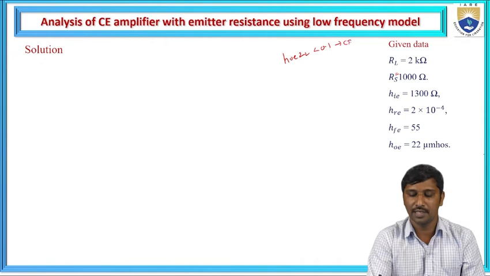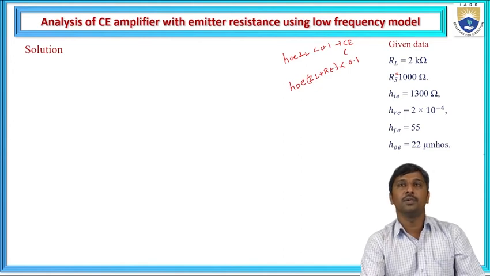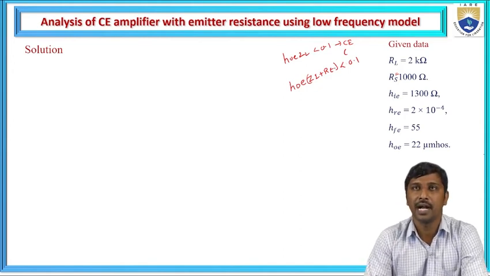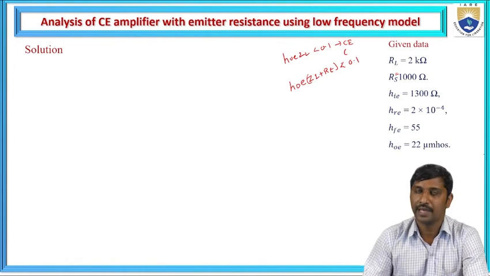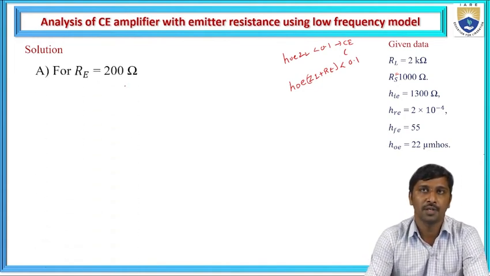This is for the CE amplifier without emitter resistance, meaning the emitter is directly connected to ground potential. But if we consider the common emitter amplifier with emitter resistance, we need to verify that HOE times ZL along with the emitter resistance value is less than 0.1. Then we go for the approximate analysis. Hence, for the first case, let us consider the RE value as 200 ohms.